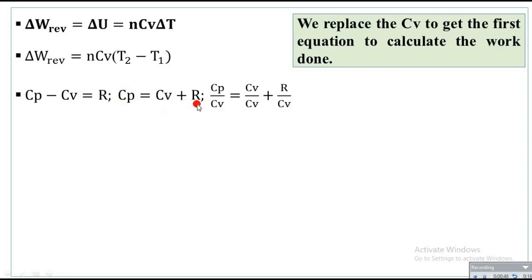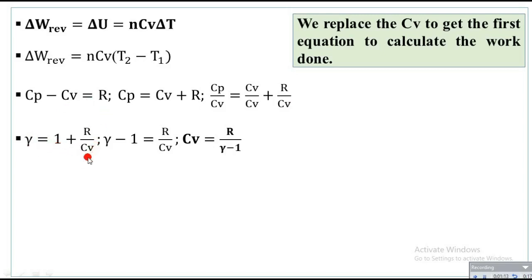If we divide by Cv, we are dividing each term by Cv. Here we get Cp over Cv, here we get Cv over Cv, and here we get R over Cv. Then Cp over Cv is gamma, Cv over Cv is 1, so gamma is equal to 1 plus R over Cv.